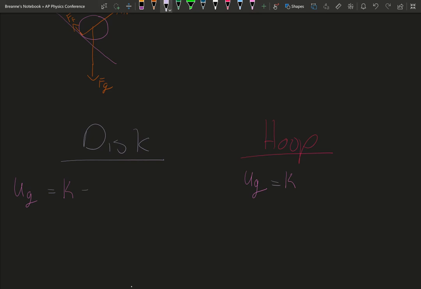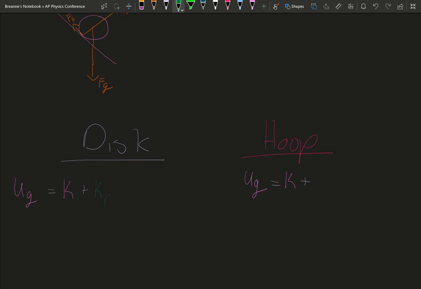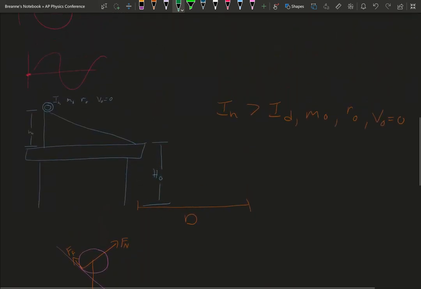But this is your linear kinetic energy. They're going to have different rotational kinetic energy. The reason is because of the moment of inertia. The moment of inertia for a hoop is bigger than the disc.